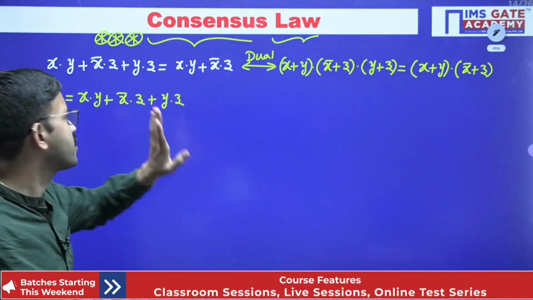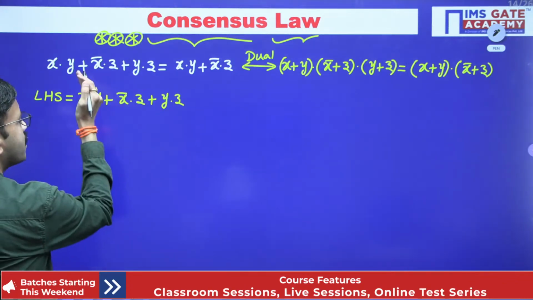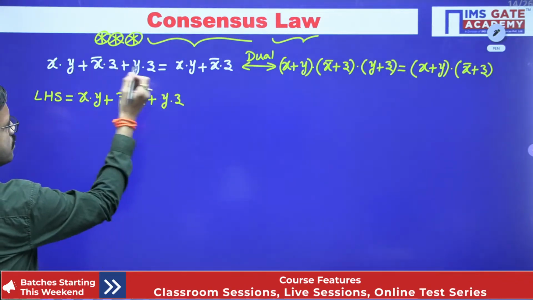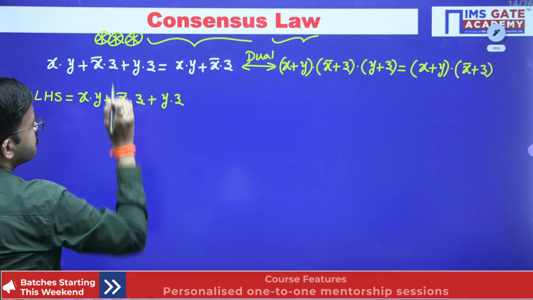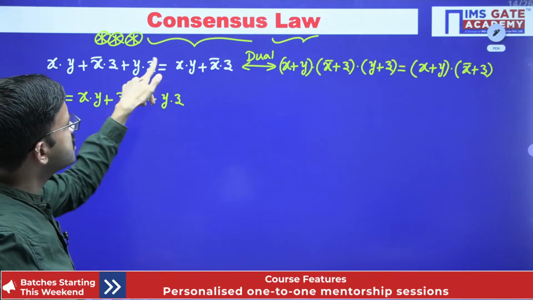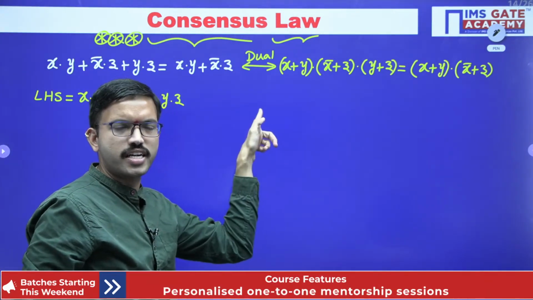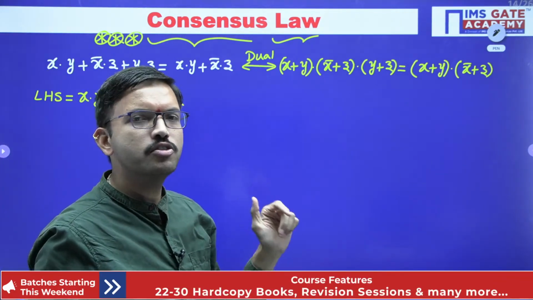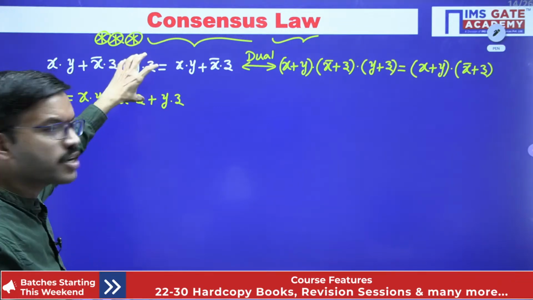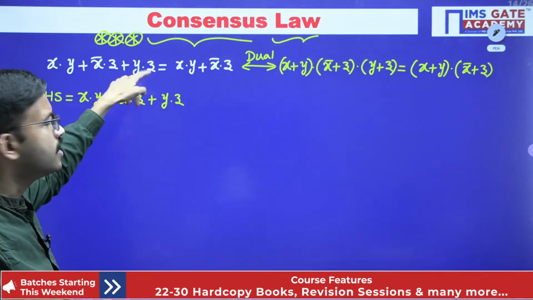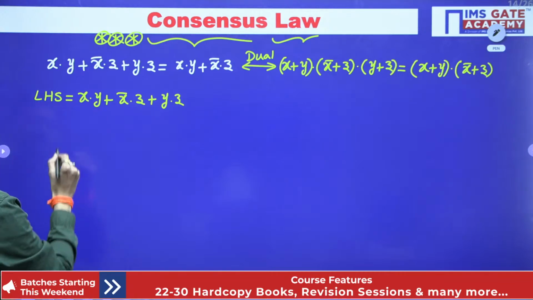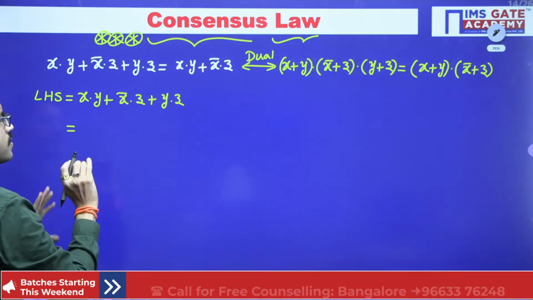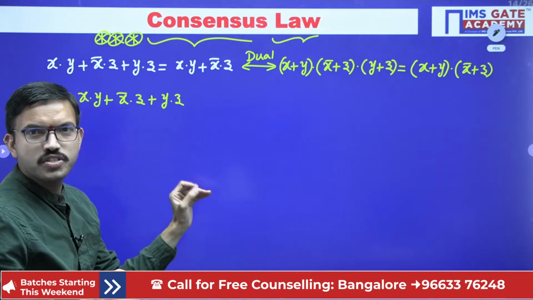The first term is the same, the second term is also the same. That means the third term is missing in the right hand side, so we have to do some manipulation to eliminate this particular term. Let us see what kind of manipulation we can do.